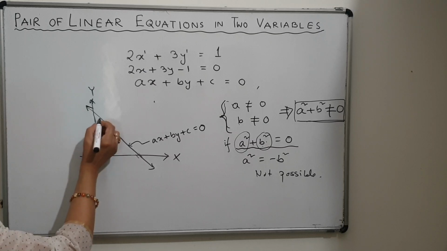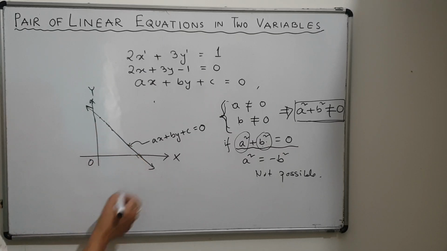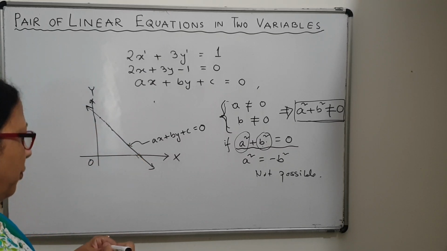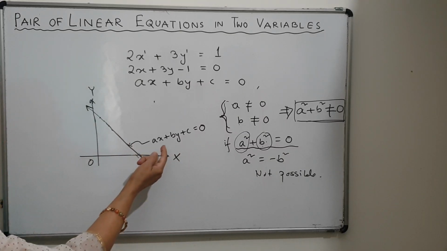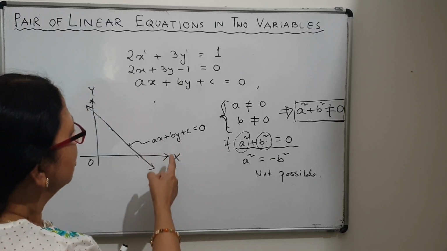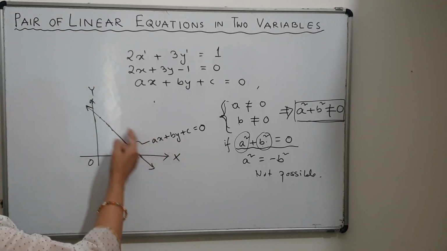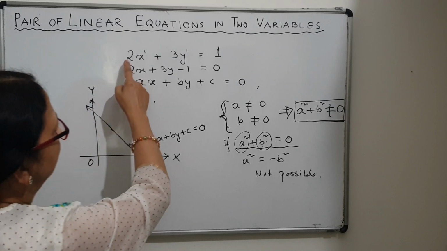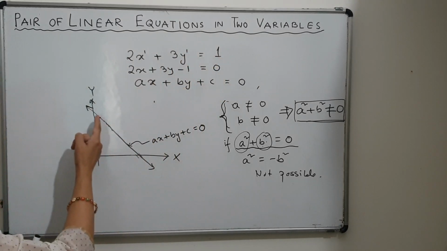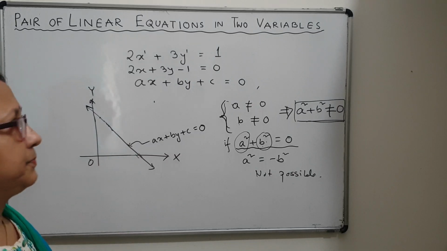You see there are infinitely many points on the line. Each point satisfies the equation, which means each point is a solution of the equation. So from the graph of a linear equation in two variables, I will be getting infinitely many solutions.